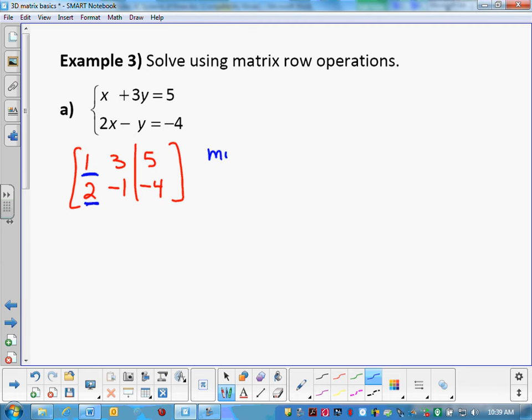So we'd like a 0 there, and to get a 0, we're going to multiply the other row. So we're going to multiply row 1 by, now I need to multiply it by something that when I add it, I'm going to get a 0. So I'm going to multiply it by -2, and then add to row 2, and put the answer in row 2.